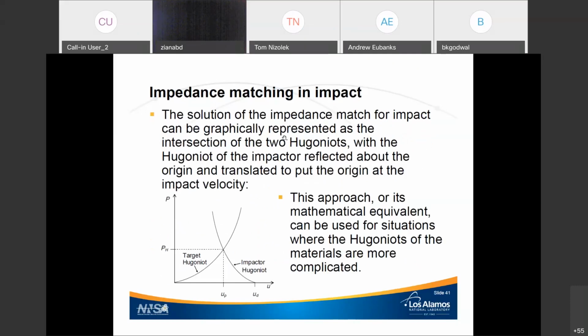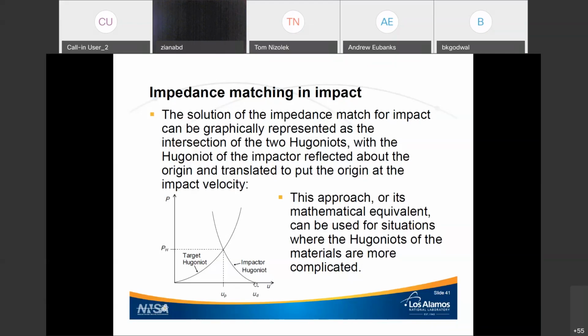Now, you can also solve this graphically. In the old days, when people had to use slide rules or do calculations on paper for the most part, or with very large, clunky mechanical things that sat on their desks, it was quite often that people would do the solution graphically. The way they would do that is they would take the impactor Hugoniot and reflect it, so it's now going the opposite direction in pressure-particle velocity space.